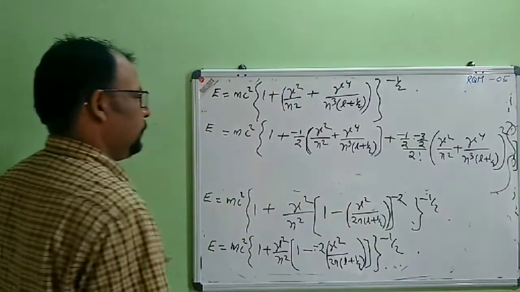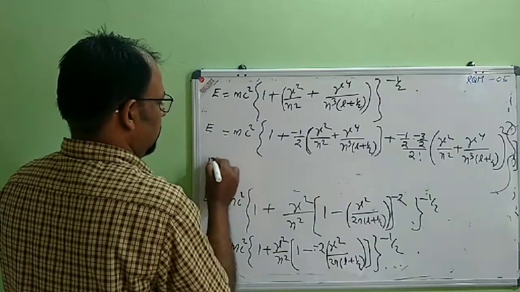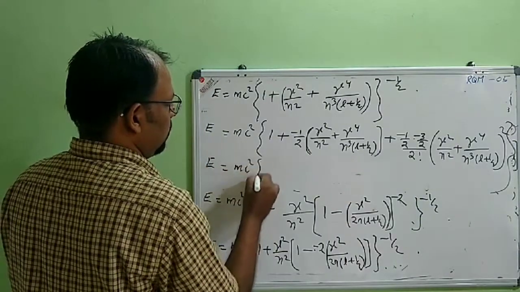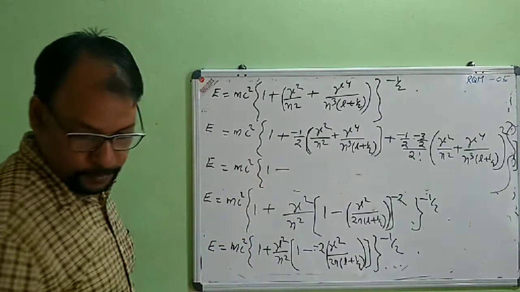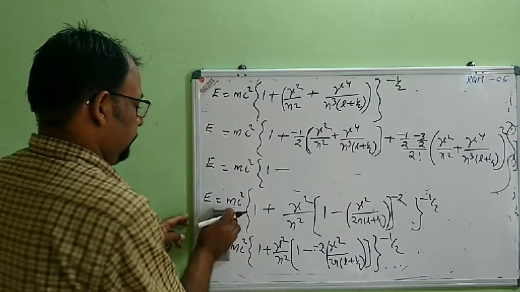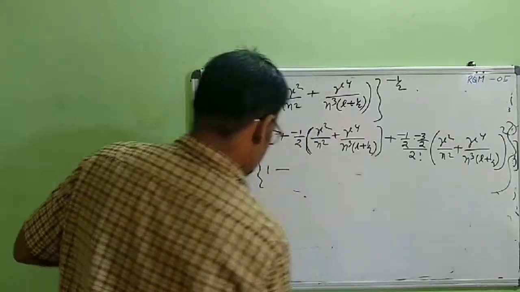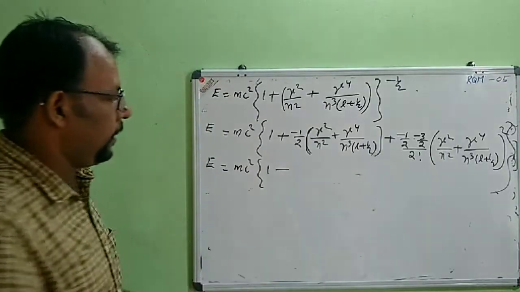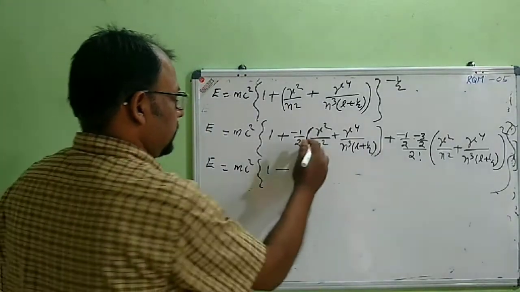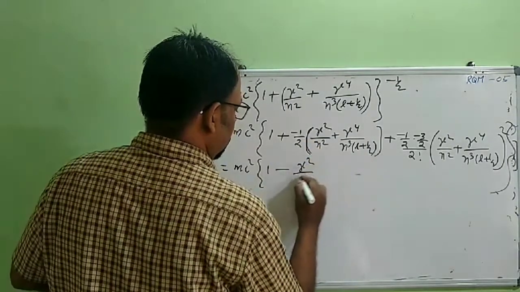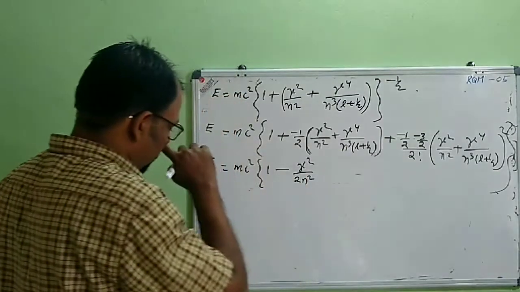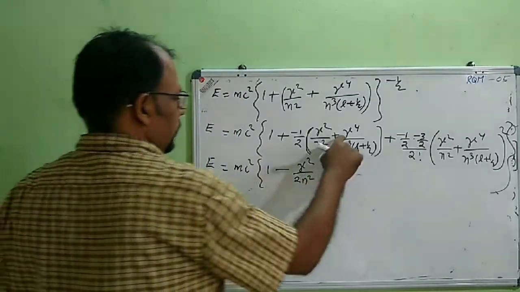higher terms. So this will be E is equal to mc square 1 minus, first term is 1 minus 1 by 2. 1 minus gamma square by 2n square.